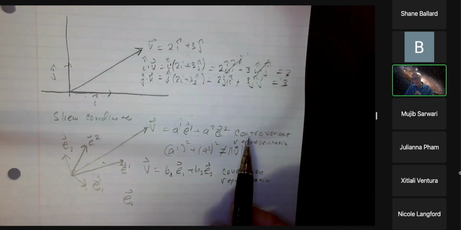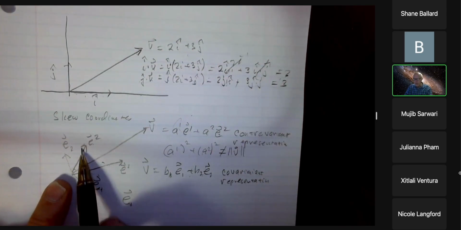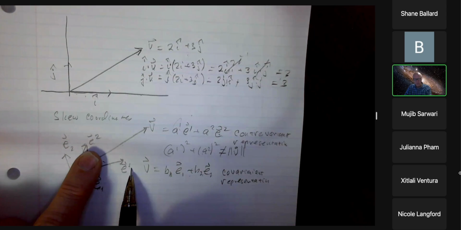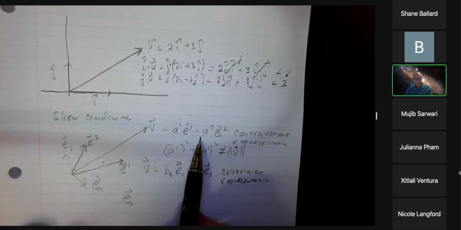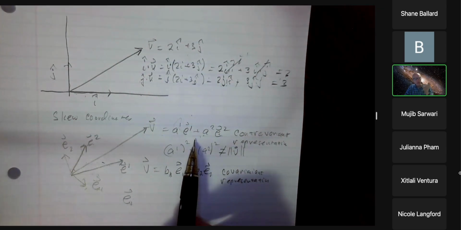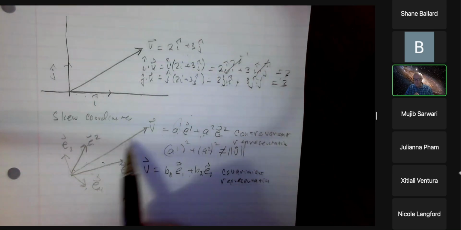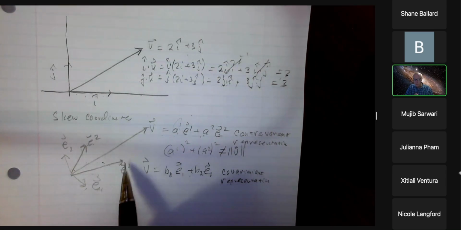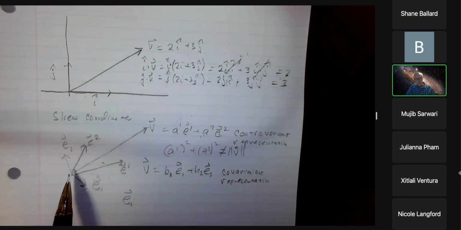The terms contravariant and covariant refer to the fact that if you change the size of E1 and E2 in the contravariant versions, you make these things bigger, and these coordinates become smaller. So they're contra to a change in those basis vectors. If you don't change the direction, just make them larger, then the numbers here will get smaller. It's just the reverse for these other ones.